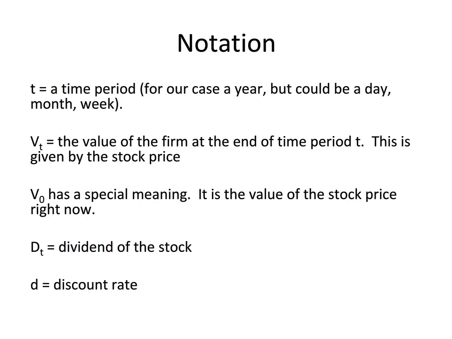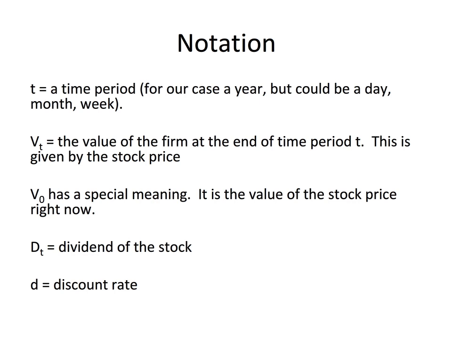It's the value of the stock price right now. So V sub 0 would be the price being quoted on the stock market as of this point in time. D sub t is the dividend of the stock, and small d is the discount rate.